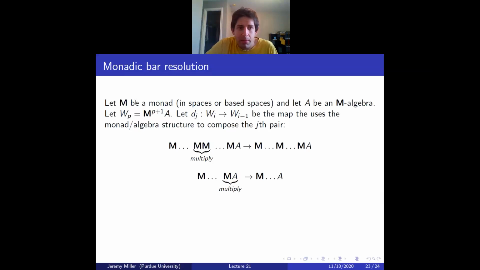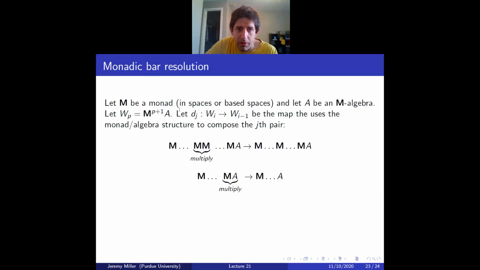This is maybe a bad choice of letters. M corresponds to R, and A corresponds to M. I'm sorry that monad and manifold and module all start with M. So you should think of M as analogous to the ring, and A is analogous to the module.